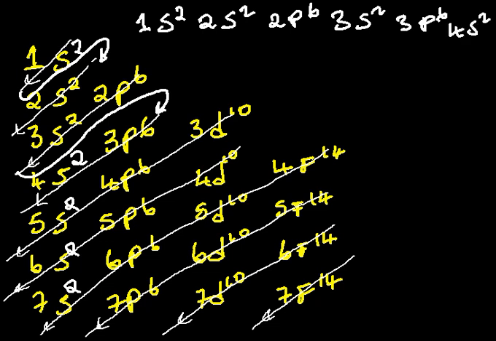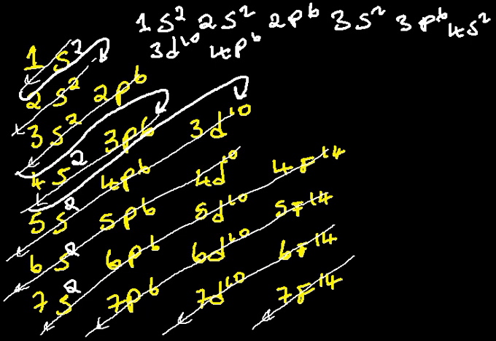By the way, we do not read this as 2s square. We just literally read it the way it is written, let's say 2s2, 2p6, not 2p to the power 6. And from there we go back again and enter here. We have 3d10 and 4p6.